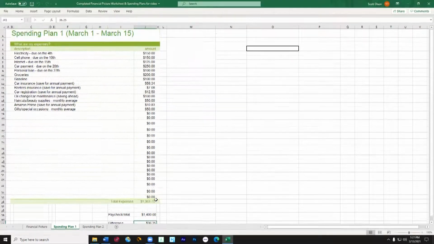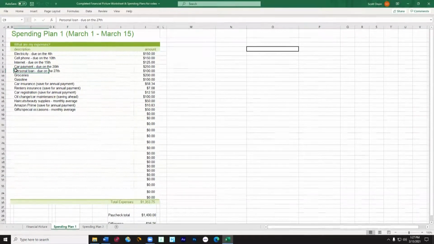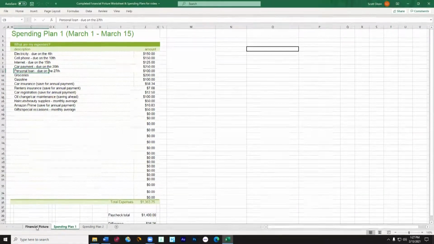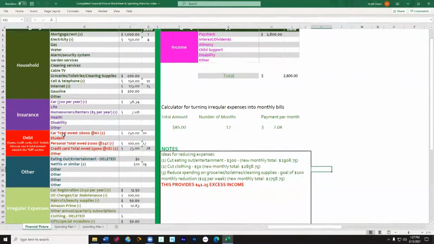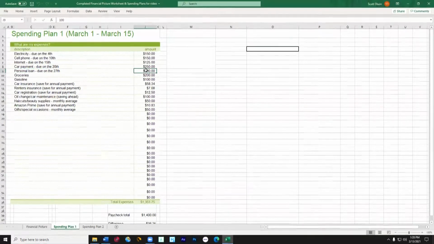First of all, on your first spending plan, March 1st through March 15th, you can see that that is where our personal loan is. Now, that is the one that we have chosen to go after first because if you recall, the debt snowball method says that you go after the lowest balance first. And so our personal loan is our lowest balance at $1,000. So the minimum payment due is $100.